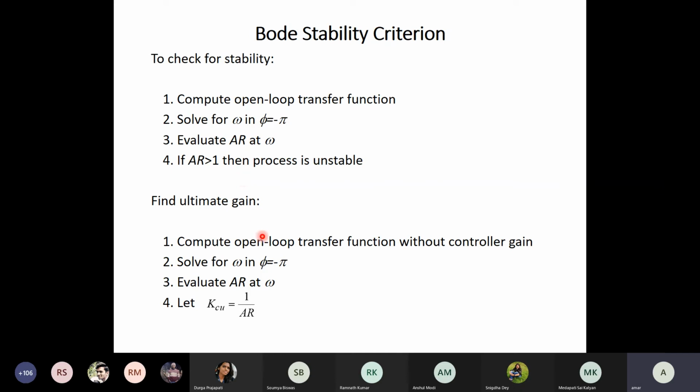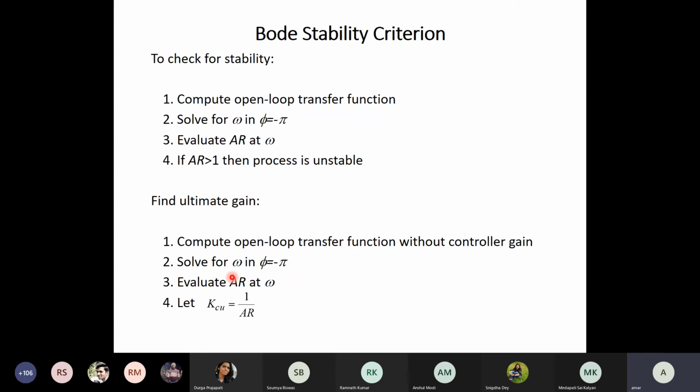The ultimate gain is the gain where the amplitude ratio is equal to 1 and the phase lag is minus pi, then basically I'll have reached the limit of stability.